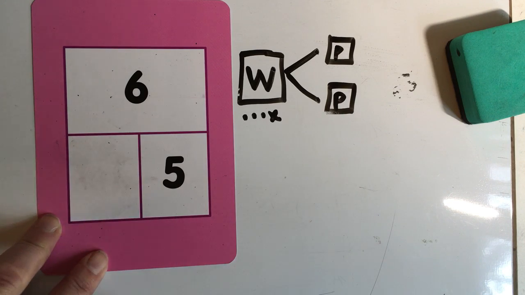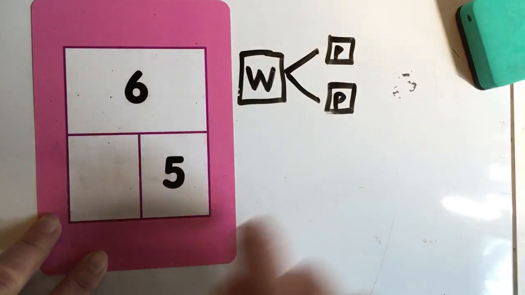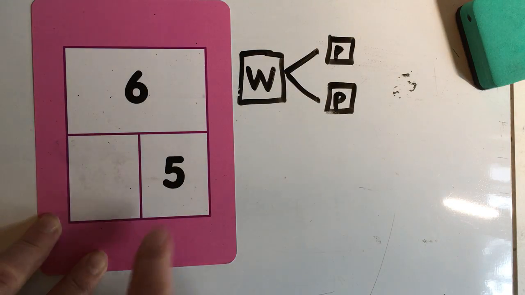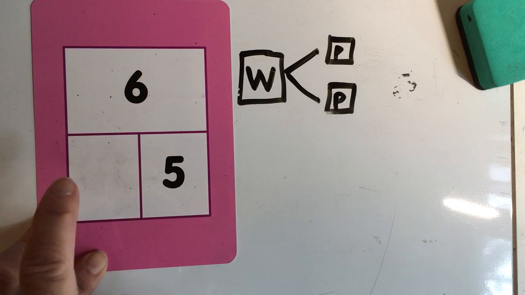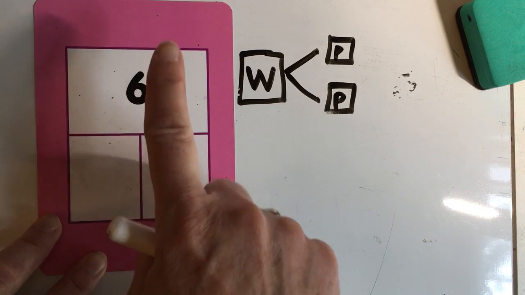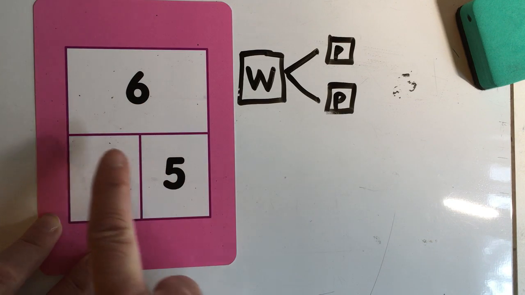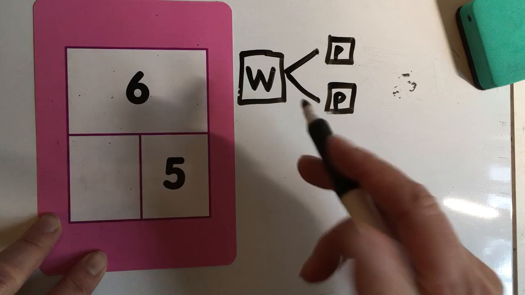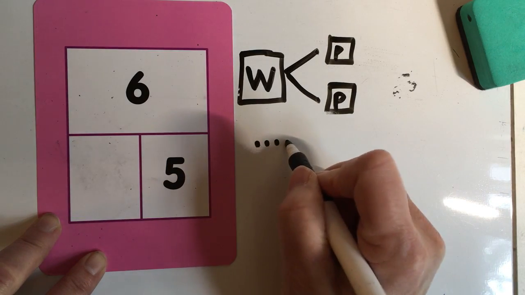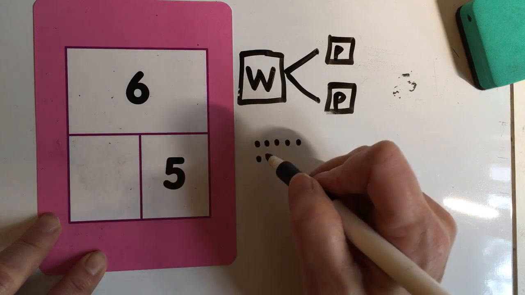Okay, see if you can write a number sentence using subtraction, or say it out loud. Use subtraction and tell me what I should write over here. Start with this number. There's 6.